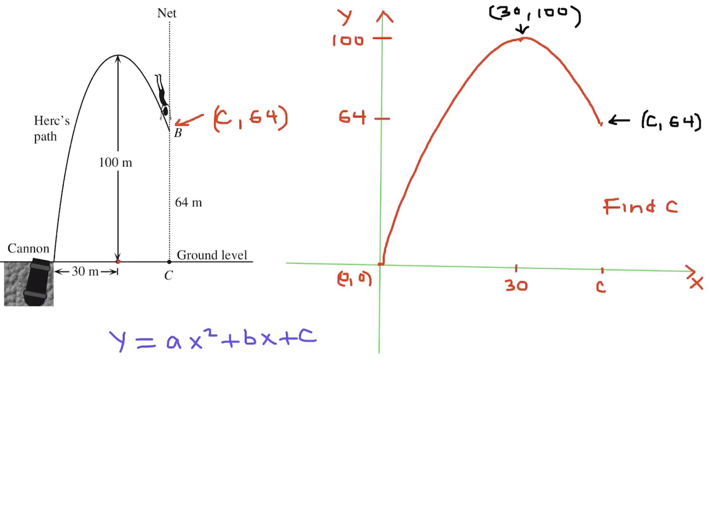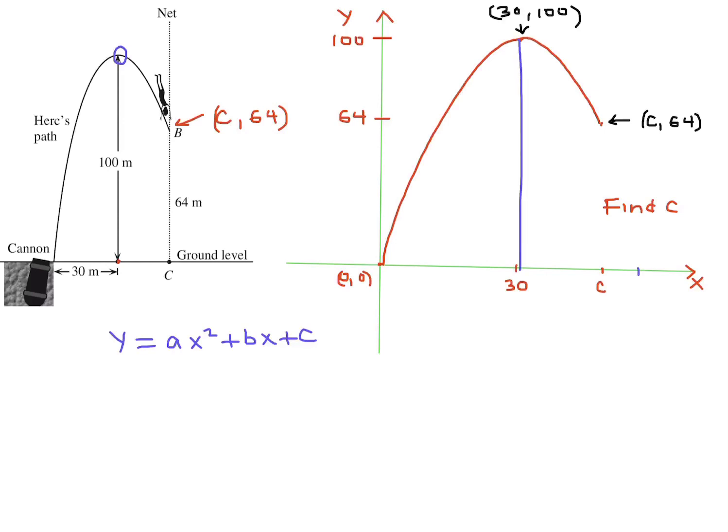Now, the good news is we can also figure out one more point. And that point is where this graph crosses the x-axis right here, approximately, right? Because if it kept going down, eventually it's going to cross the x-axis once more. Now, how do you figure out that point? Well, it's basically equidistant from 30. So if 30 was the midpoint right here, it's where you reach the height of the parabola.